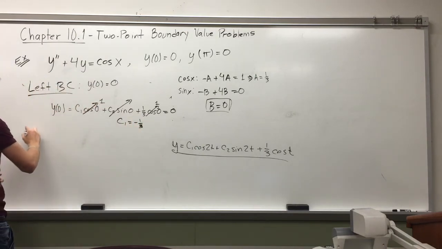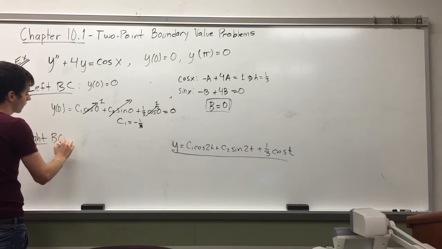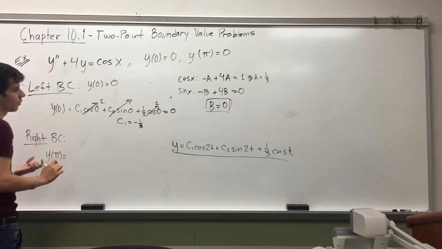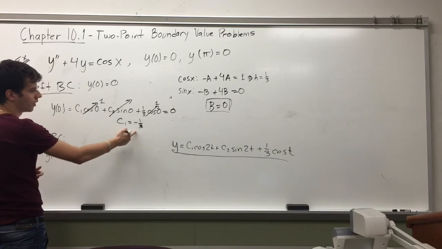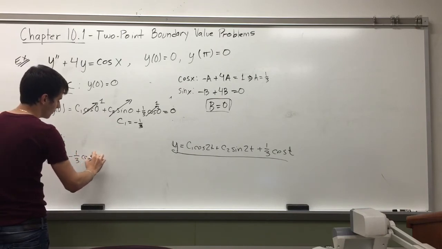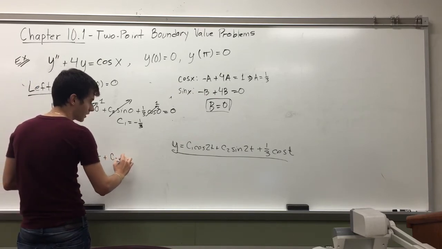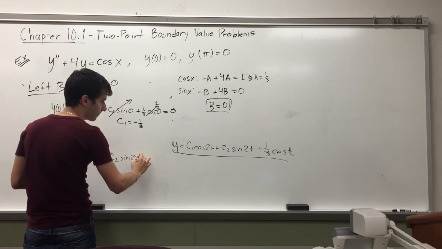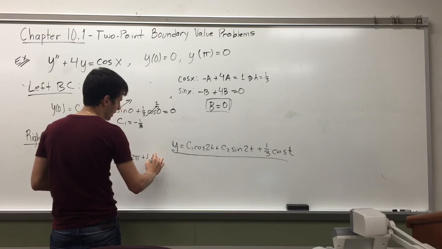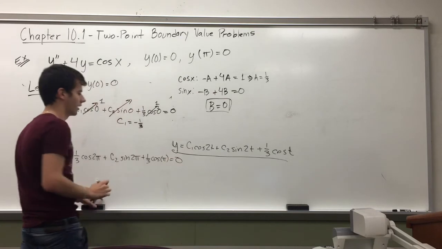What about our right boundary condition? We have that y of pi is equal to 0. So y of pi is equal to C1, which is negative 1/3, times the cosine of 2 pi, plus C2 times the sine of 2 pi, plus 1/3 times the cosine of pi. That is equal to 0.